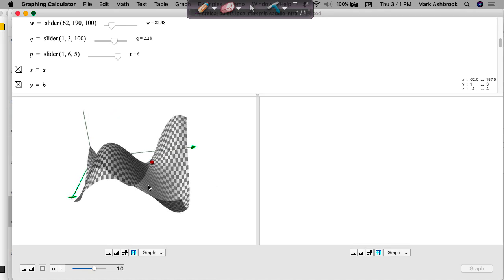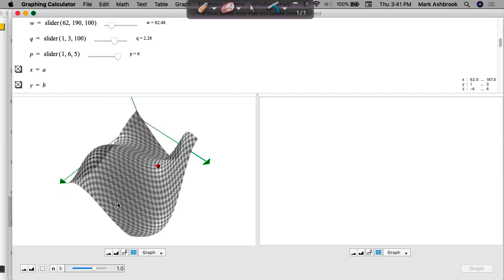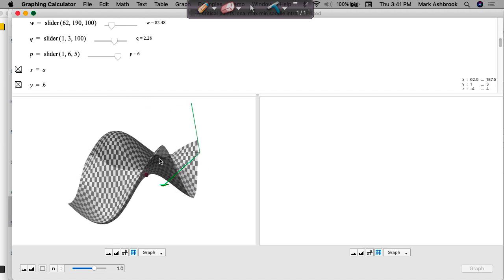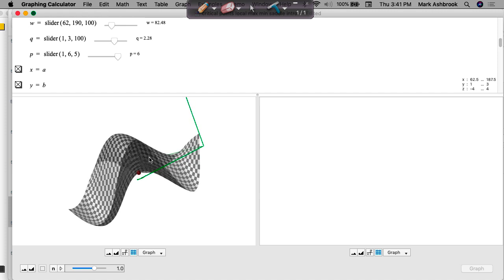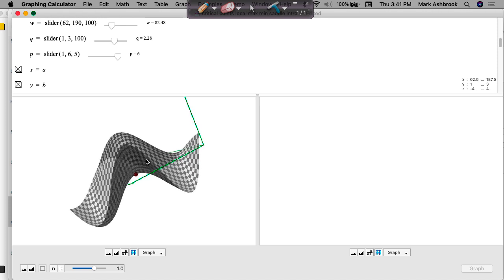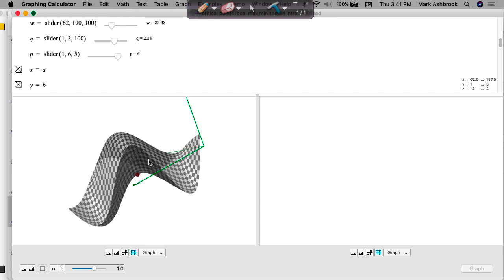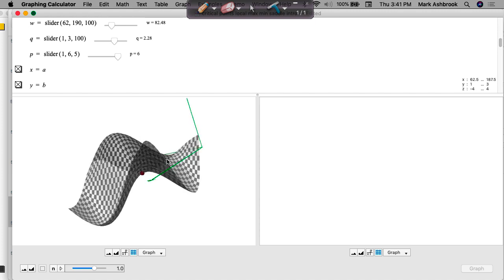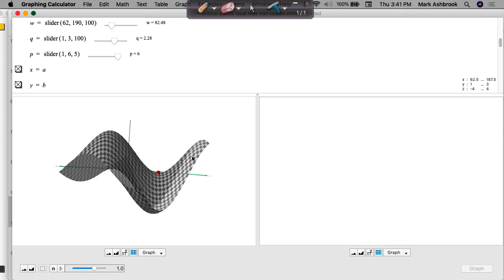So, local max or local min? Local min, right? Really? Local min? Oh man, at least from our perspective it's a max, right? Wait, whoa. It depends on your view. It's both.